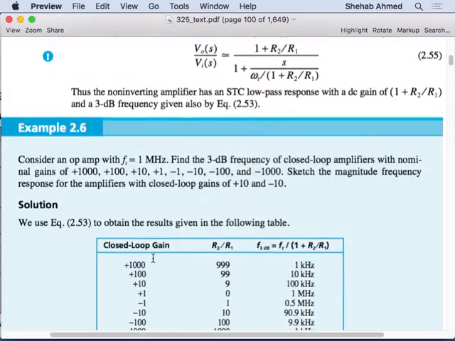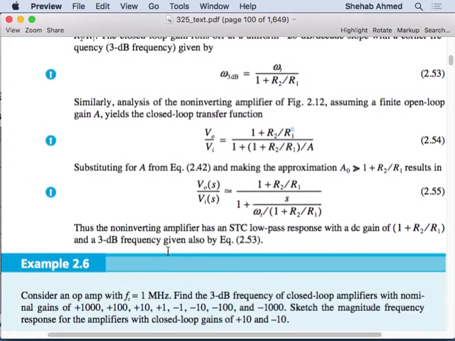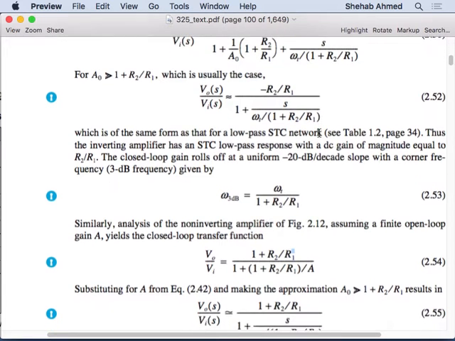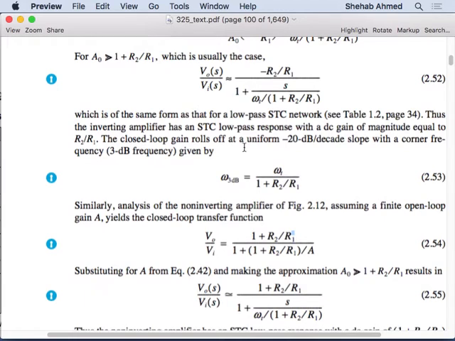We're finishing it, yes, we're going to finish it. So this is an example that takes this equation for the non-inverting amplifier, and this is the gain for the inverting amplifier, including the effect of the frequency dependence of A. Now they're telling us to plot the magnitude and phase of this.